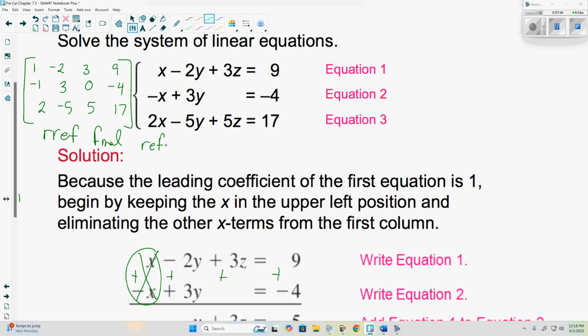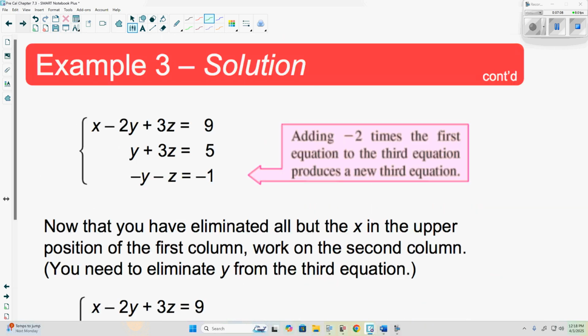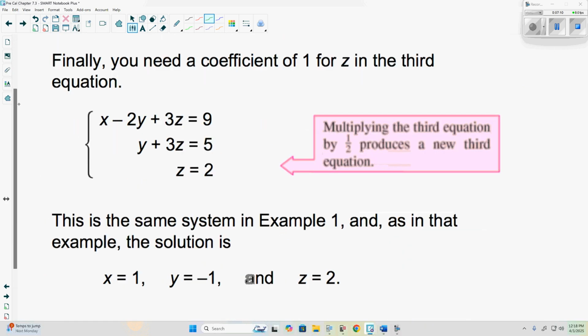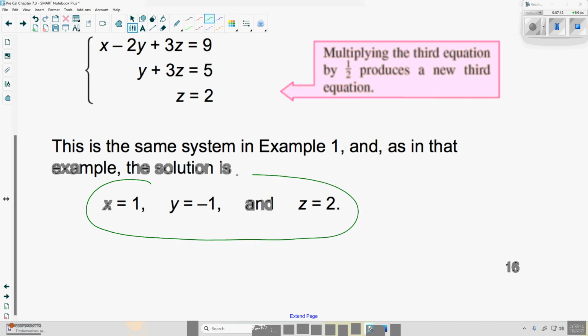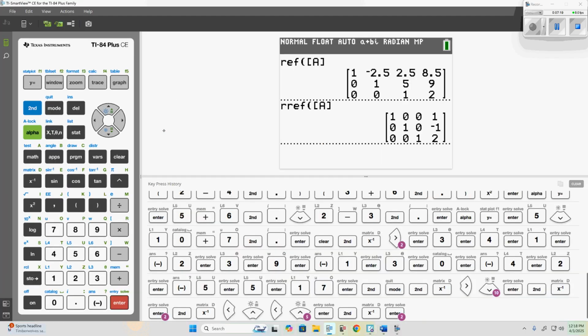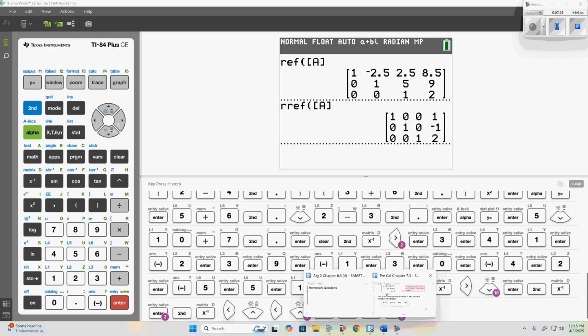REF gives us a form that we have to plug back in. 1, negative 1, 2. Look back at the calculator. 1, negative 1, 2. It solves it. It's going to be easier and better to do these by RREF.